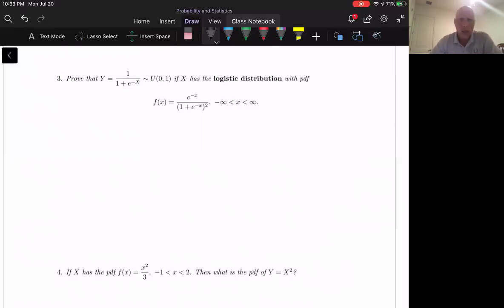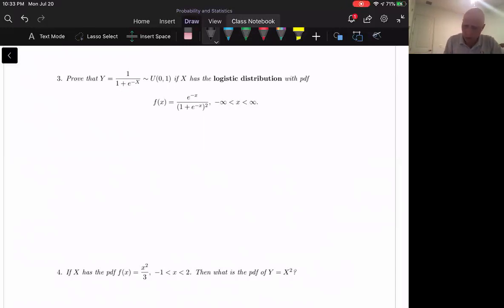We have the relationship of y with respect to x as y equals 1 over 1 plus e to the negative x. And so we just want to prove that when x has the logistic distribution, y will have a uniform 0 to 1 distribution. So that's our goal.